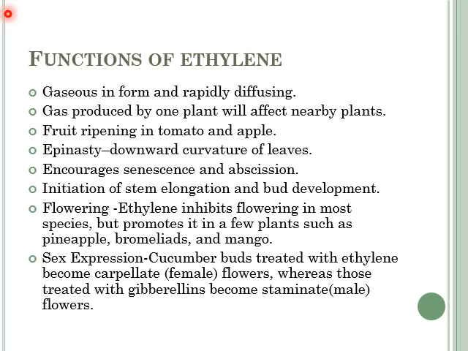The main function of auxin is stem elongation, gibberellin is stem elongation along with cell division, and cytokinin is cell division. Abscisic acid is a stress hormone to protect your plants from unfavorable conditions, and ethylene is for fruit ripening. So we finish this chapter as well as this unit of plant physiology.